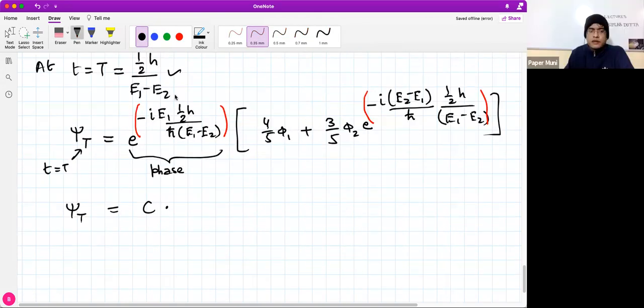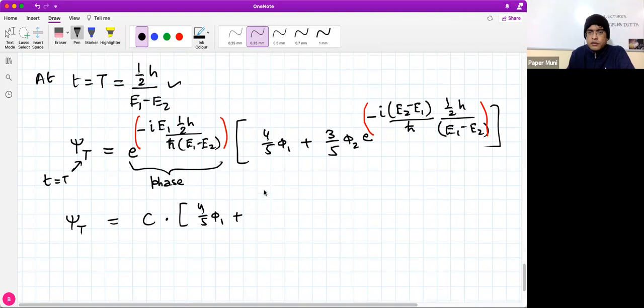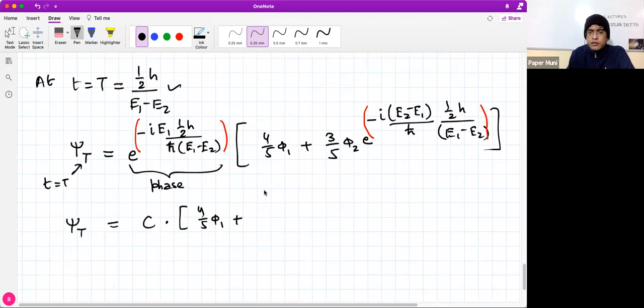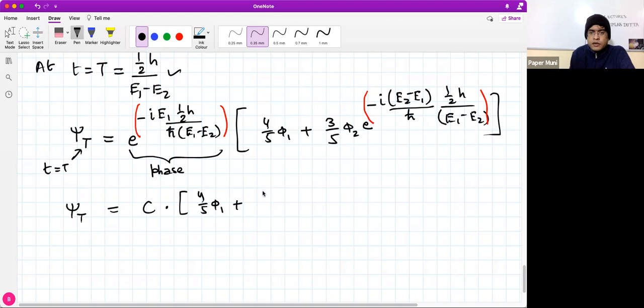In this case we just take it to be common because the question doesn't include the phase. It just says that there is a phase, but we don't need to worry about it. We want to get the other part of the wave function, which is the phi 1 and phi 2 part. So this is 4 by 5 phi 1 plus 3 by 5 phi 2.